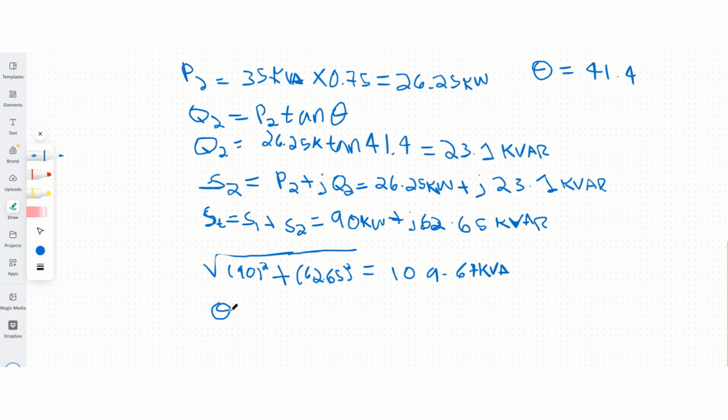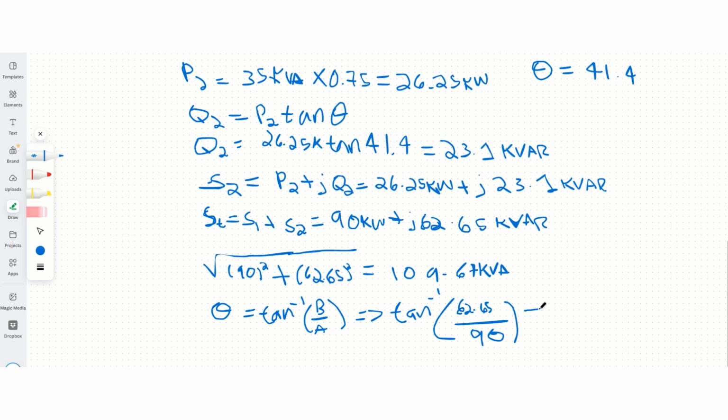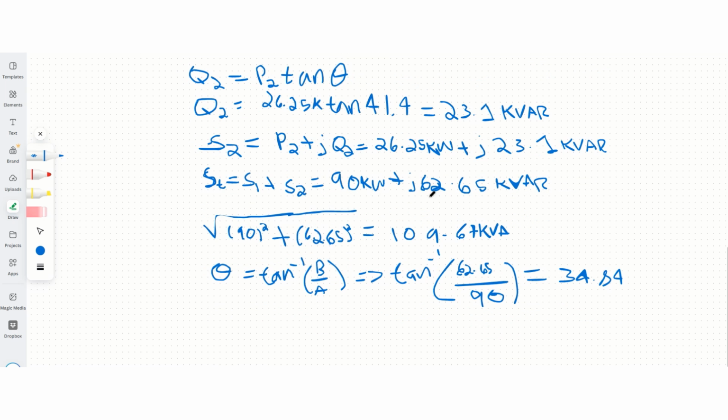Now we have to find the angle. The angle will be the inverse of tangent of B over A, which is the inverse tangent of 62.65 over 90, and that will equal 34.84 degrees. That takes us from rectangular form to polar form.